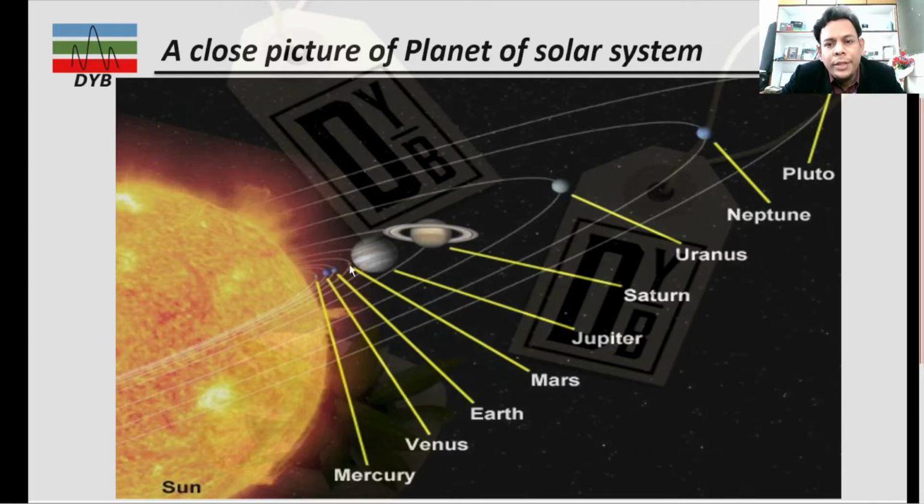Then the fourth one is Mars actually. Going beyond, we have Jupiter, Saturn, Uranus, Neptune, and also Pluto. But Pluto is actually no longer a planet because it does not follow some of the rules defined by the International Astronomical Union. We are going to discuss this as well.